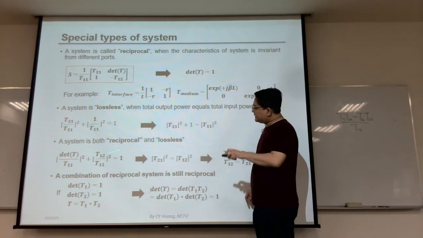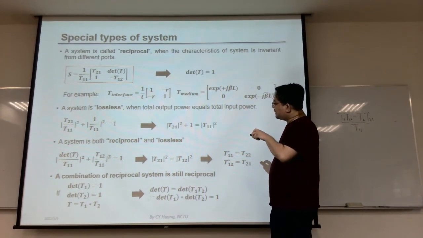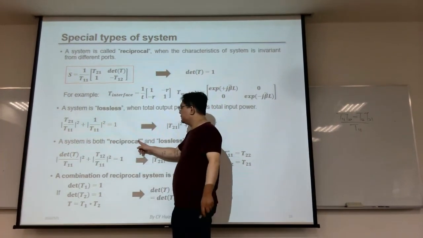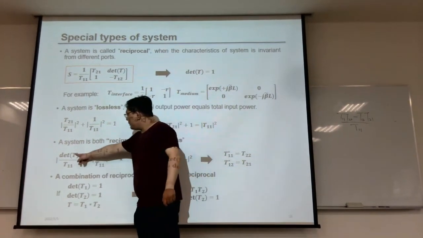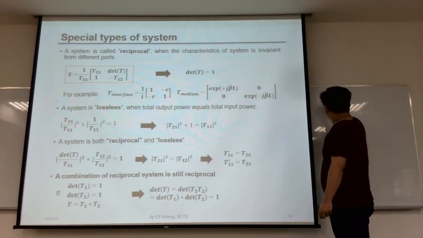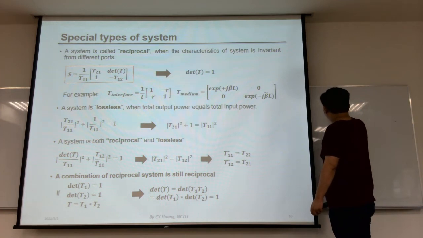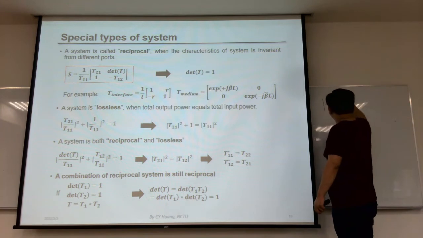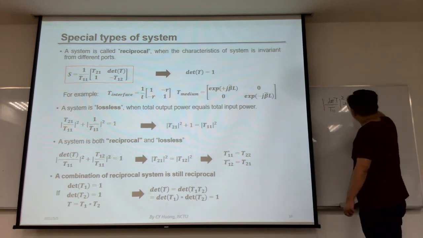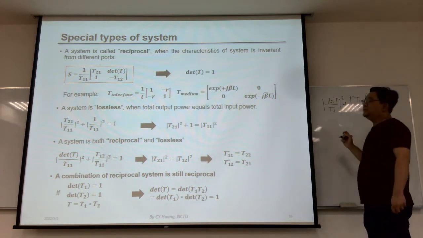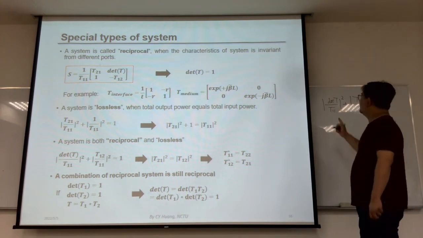And since determinant needs to be 1 for a reciprocal system, it means 1 plus T12 squared over T11 squared needs to be 1.